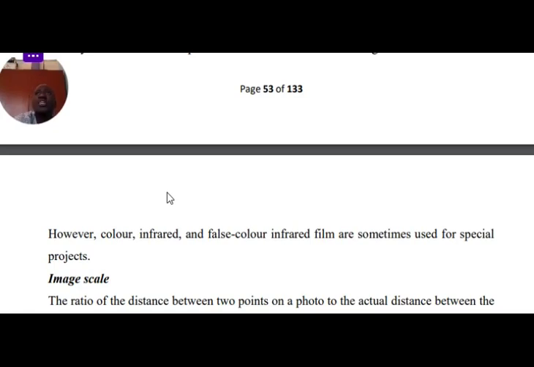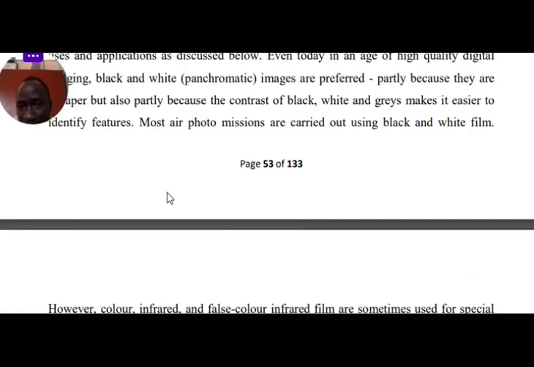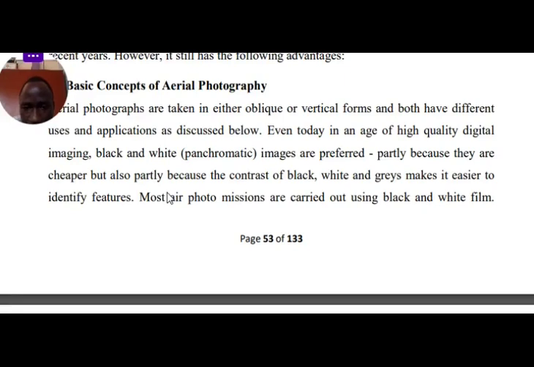Then the other thing is that areas associated with water bodies and rivers may appear thick or dark in color. So water bodies like rivers and lakes will appear black in color, as we are trying to see here.